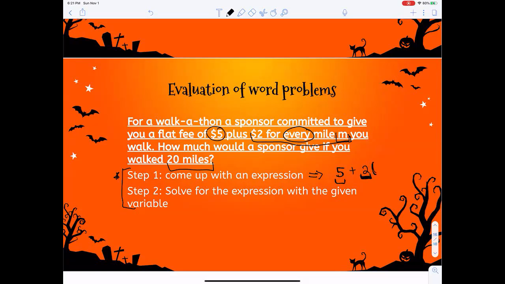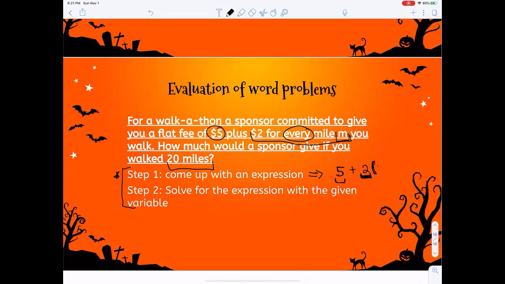But if you continue reading, plus $2 for every mile m, here I'm getting $2 for every mile m. Whenever you see for every mile or for every so often, it's giving you a rate. Those words should scream out rate. That's a rate. Therefore, it has to be attached to a variable.